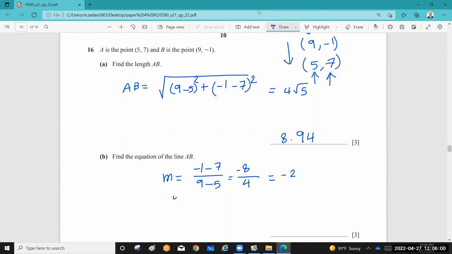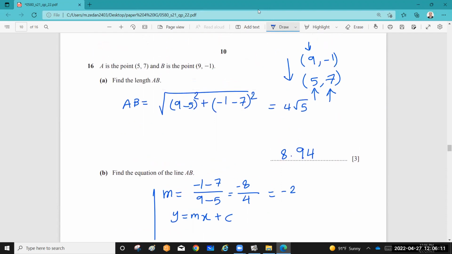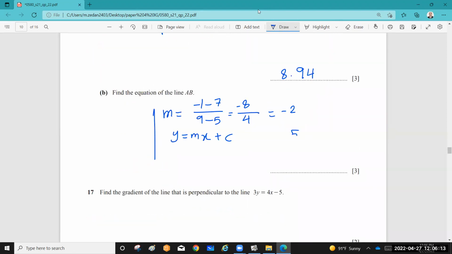You can use the formula y equals mx plus c to find the equation. You can take any point, for example this point, 5 and 7. M is -2, so -2 times 5 plus c, I don't know the value, equals y, which is 7.